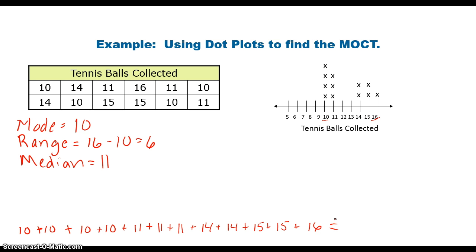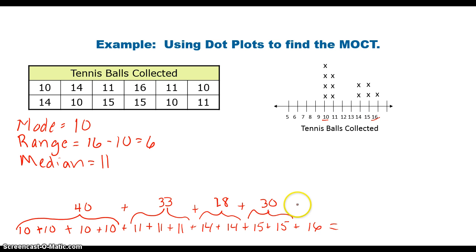I can either write out all the items and add them up, or I can notice that there are 4 10s, and 4 times 10 is 40, plus 3 11s, and 3 times 11 is 33, plus 2 14s, which is 28, 2 15s, which is 30, and a 16. This might make it a little easier to deal with all these numbers and add them.